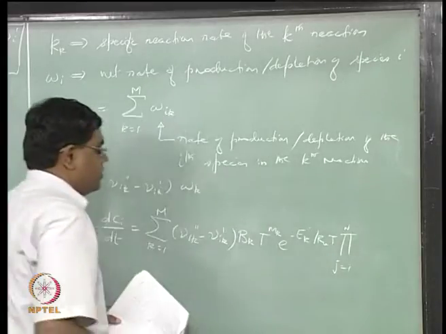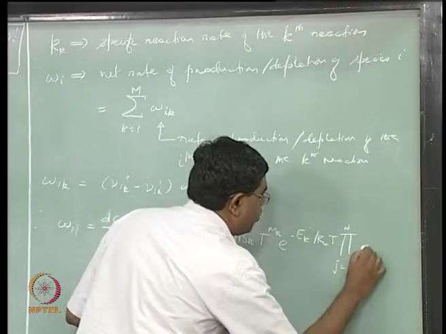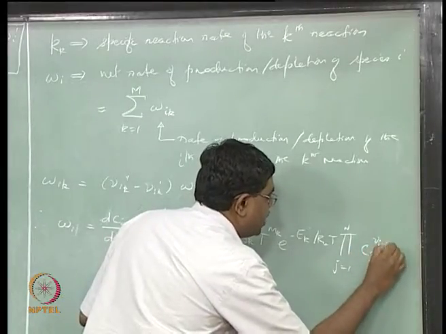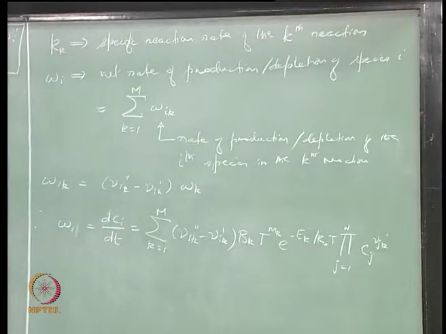I am just using a different running variable just to avoid confusion, cj to the nu jk single prime, right.